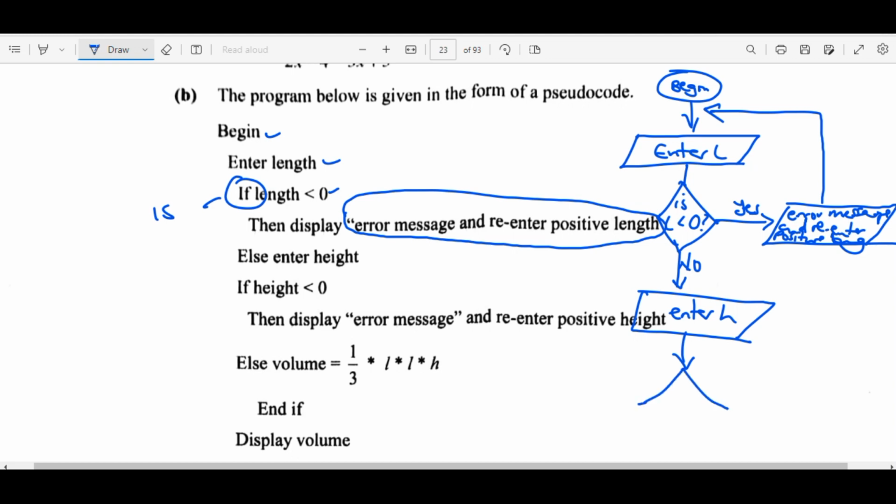So we are coming up with a decision, and then volume.